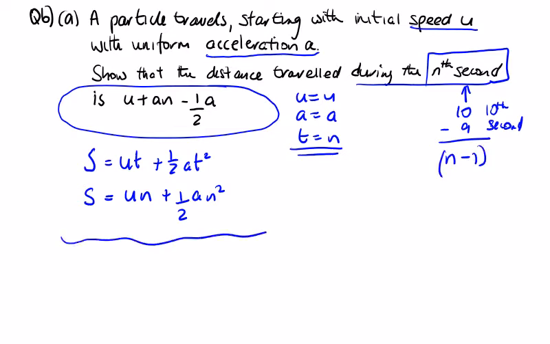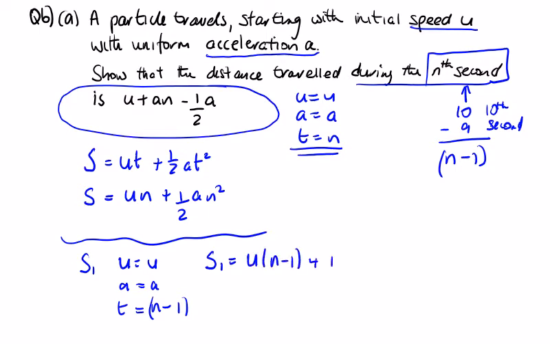So now we're looking at a distance, I'll call this S1, where u is equal to u, a is equal to a, and t is equal to n minus 1. So S1 becomes ut, so u times n minus 1, plus a half a by n minus 1 squared.